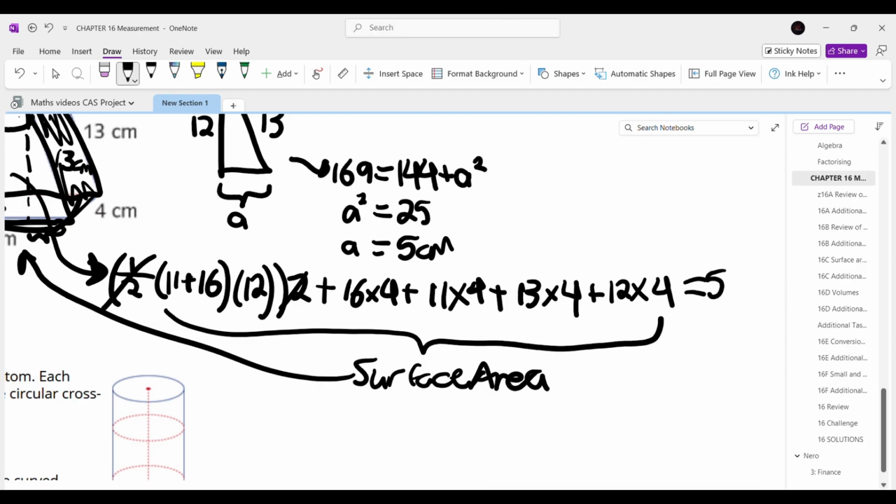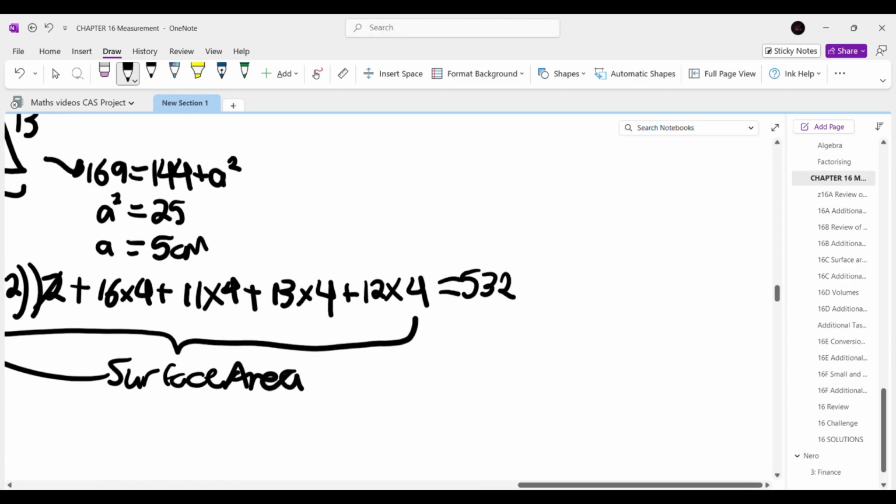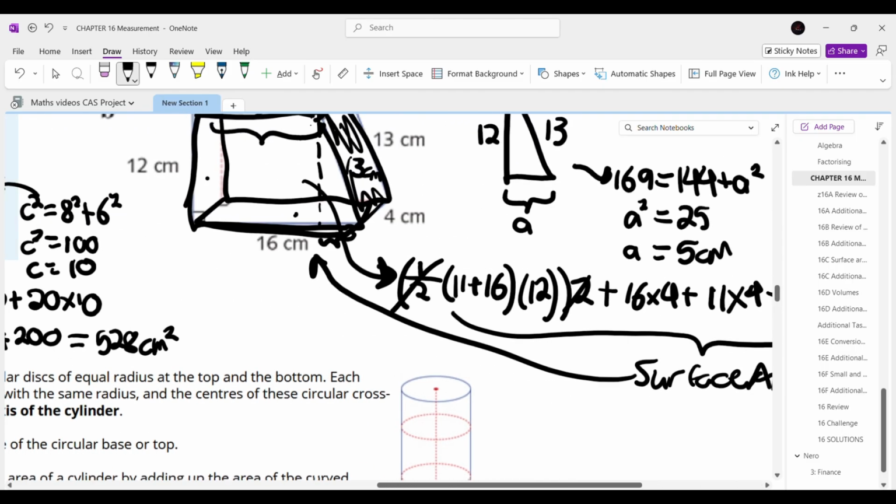In conclusion, you get 532 centimeters squared. And you can correct me if I've gotten this wrong.